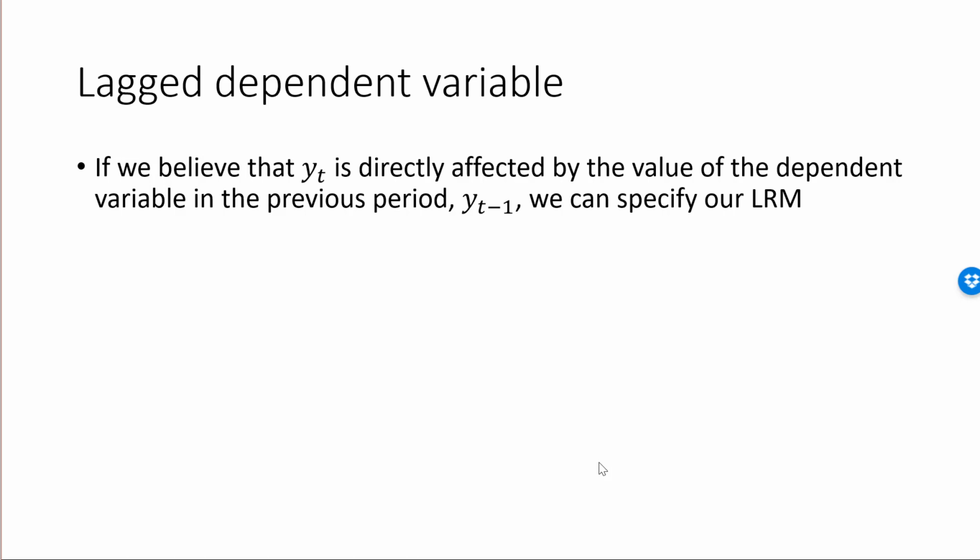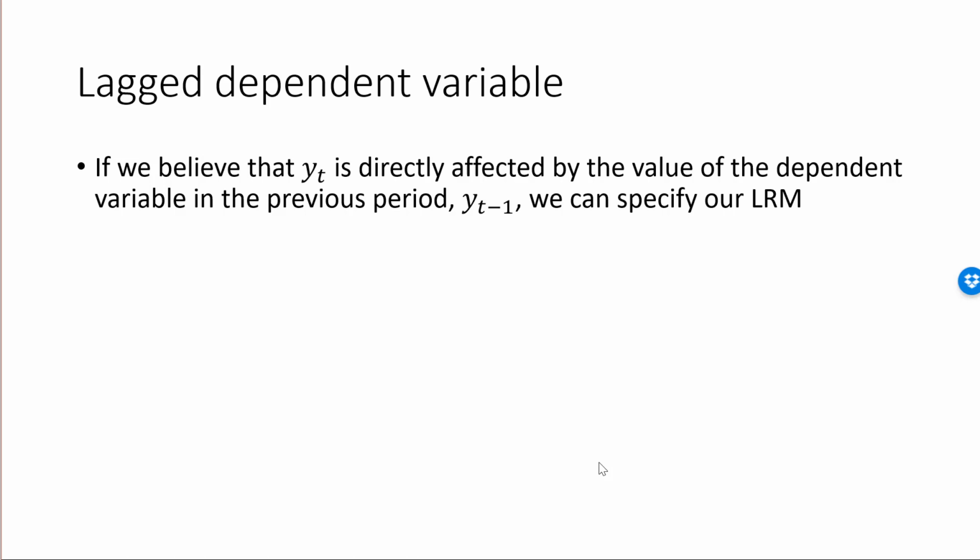This is a very common and useful idea with economic time series, because many time series tend to change slowly over time. So the value today is pretty close to the value it had in the previous period, plus minus something that can be explained by other explanatory variables.